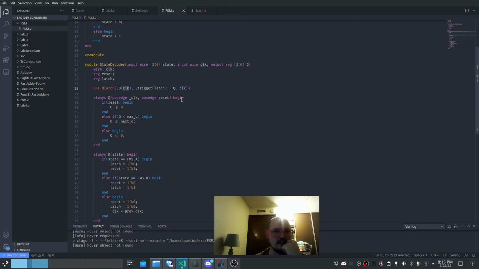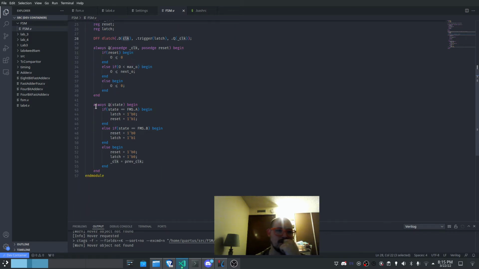Okay, so down here I've got this state block, and this is a purely combinational block. It should always be a purely combinational block. You will typically have one of these.